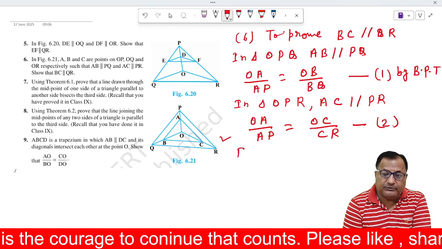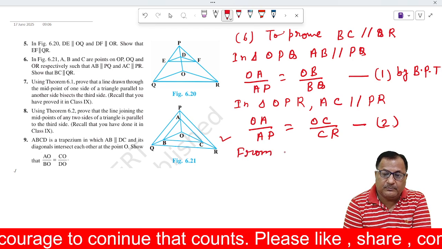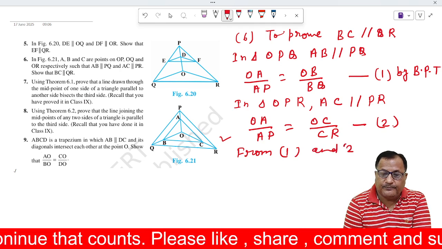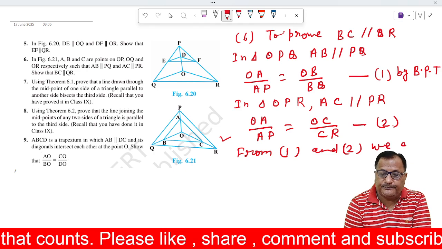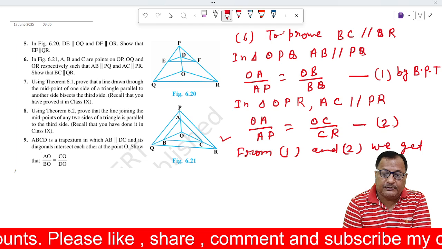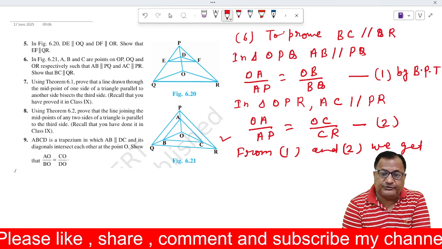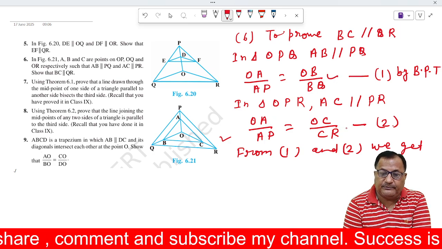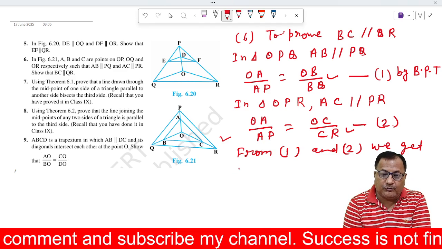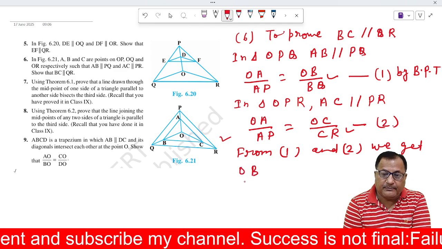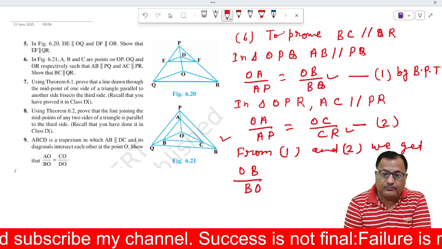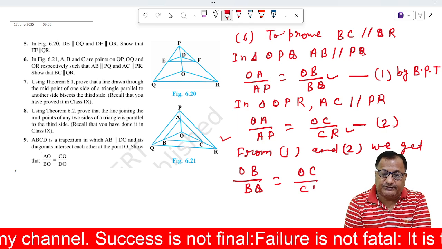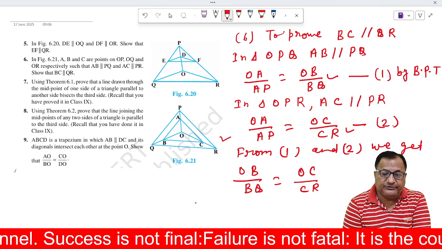So from 1 and 2, see here, this is also OA by AP, here also OA by AP. So this and this will be equal: OB by BQ is equal to OC by CR.